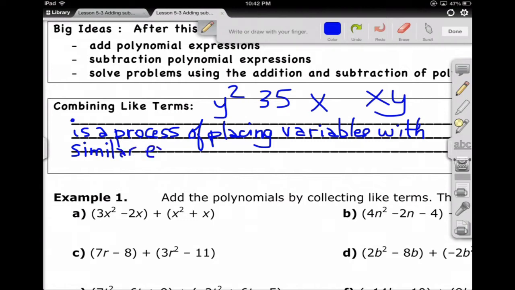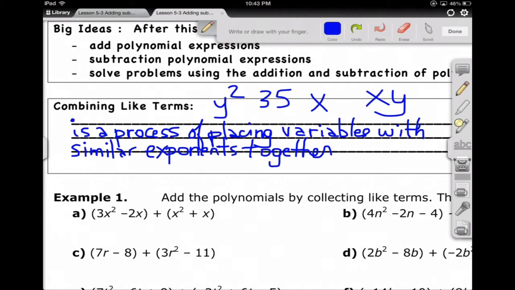So the bases have to have similar exponents. So when we look at a y to the second power, well, its base is y, and its exponent is to the power of 2. The x is to the power of 1, and for xy, the base is an x to the first, y to the first. So they're very different terms.